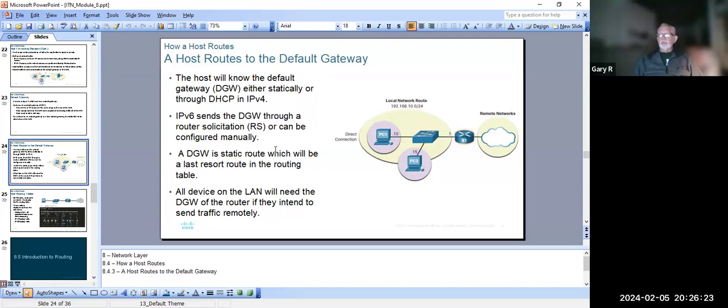If you apply the mask of 255.255.255.0 to both of those addresses, the result is not the same. That means that they're on different networks, and then the PC, to get to the other network, sends to its default gateway.